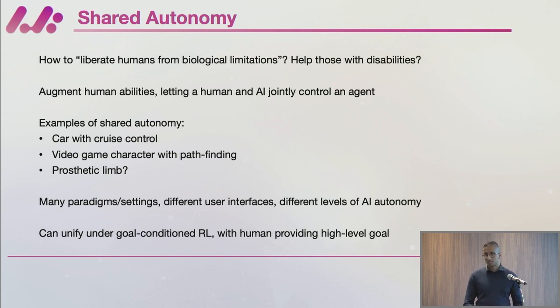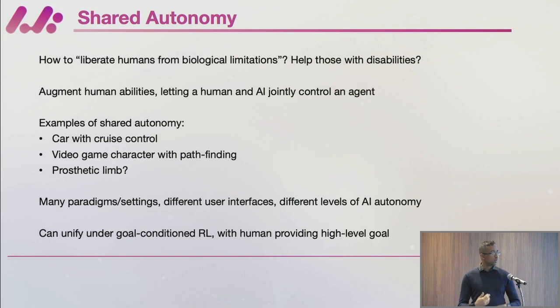Some examples of this might be a car with cruise control, or even the level of self-driving we have nowadays. It can be a video game character: you ask it to do something, but all of the simple steps on the way are performed by the character using AI. Even prosthetic limbs could be thought of in this way.